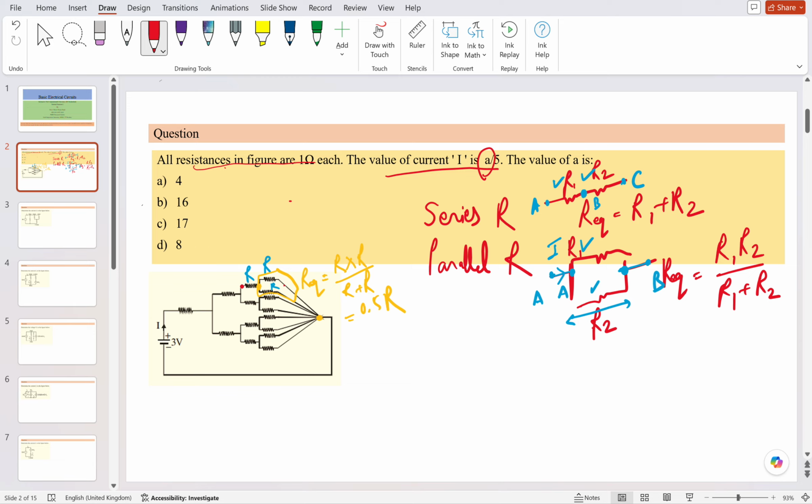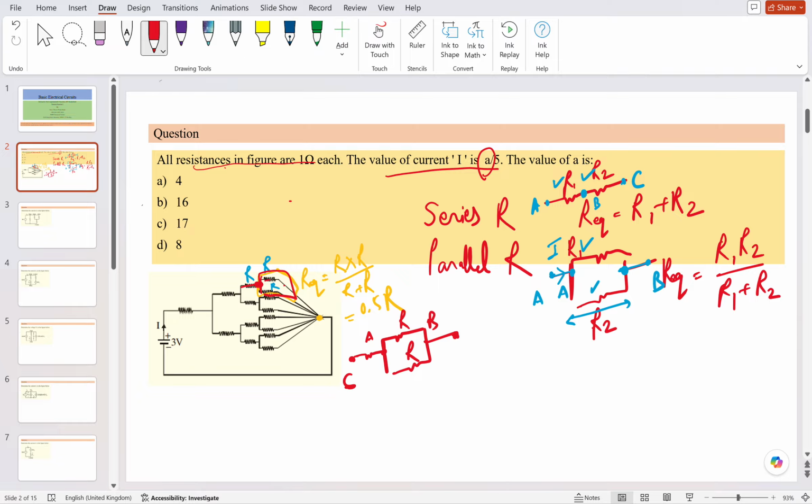And if you see this resistor and the other R equivalent which we have calculated, they have only one node common. The other node is connected to some other resistor. It means this whole circuit is like this. Here are the nodes A and B. For this resistor R and R, both nodes are common, so they are in parallel.